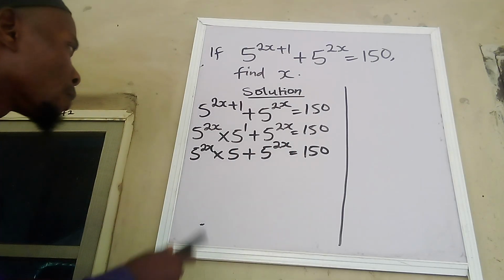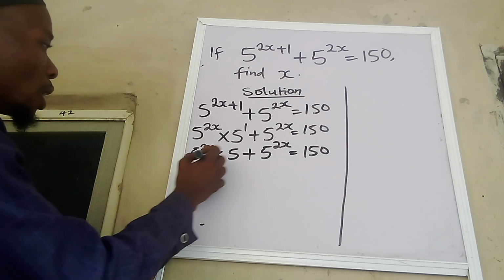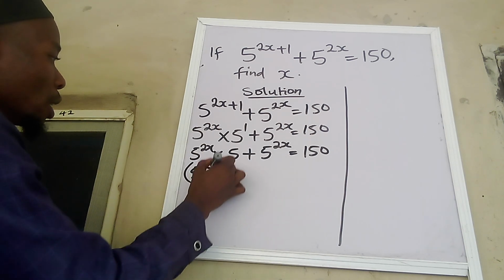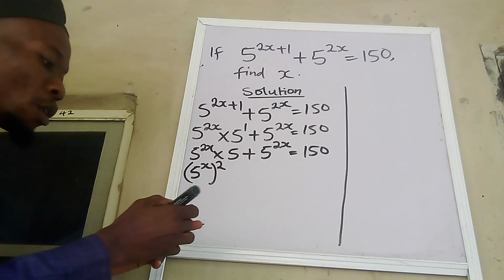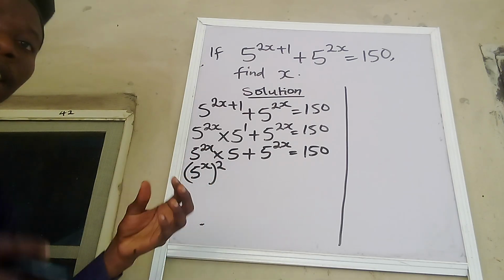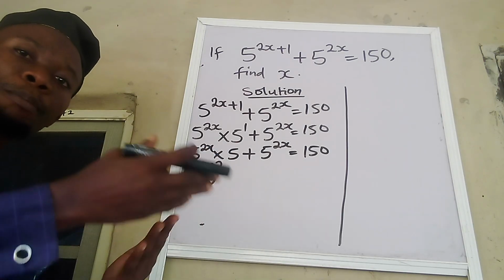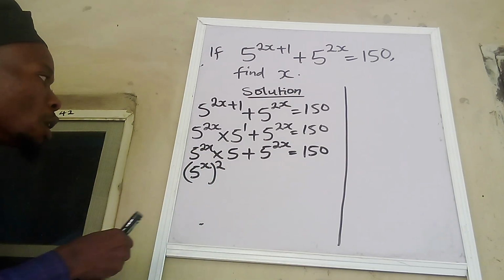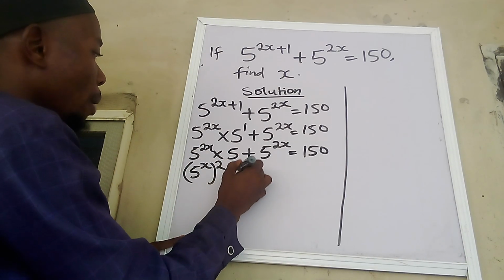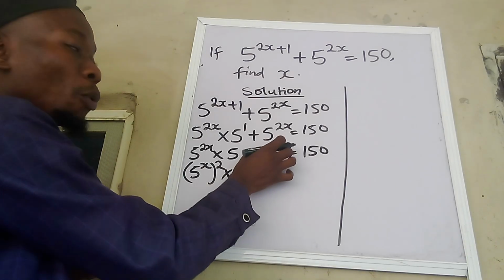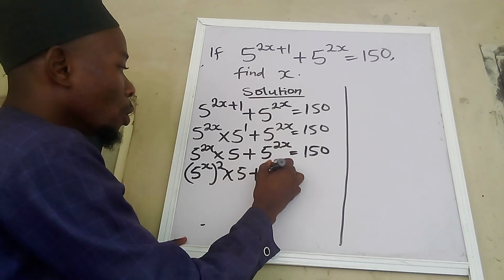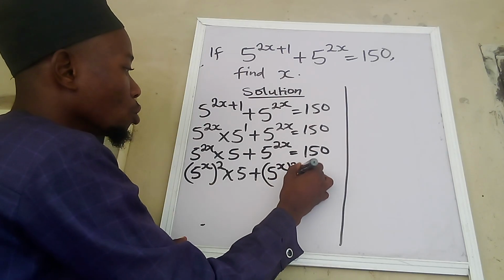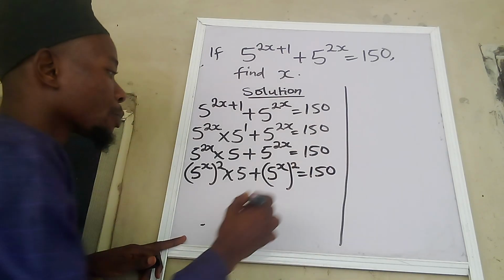This 5 raised to power 2x can also be expressed further as 5 raised to power x, then bracket raised to power 2, because both the 2 and the x are powers, and power multiplies the power. So x multiplied by 2 gives 2x. We do the same thing here: 5 raised to power x, then bracket raised to power 2, is equal to 150.